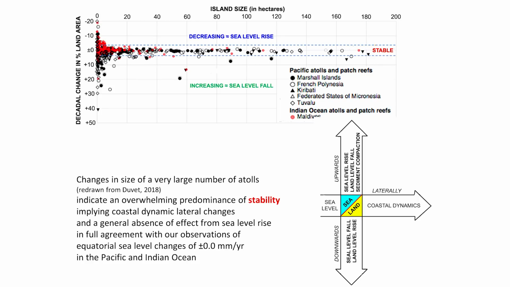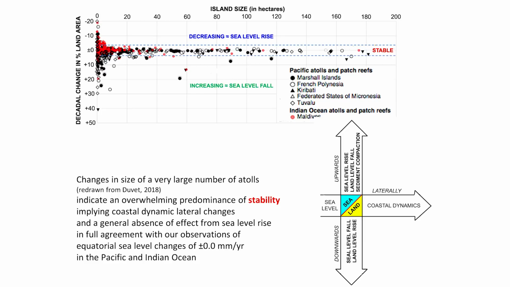Minus if they are decreasing in size, and plus if they are increasing in size. And you can see the vast majority is stable. If there would be a sea level rise, they would be decreasing. There's almost no rise in that. You can cut it off. And down here, increasing sea level would fall.